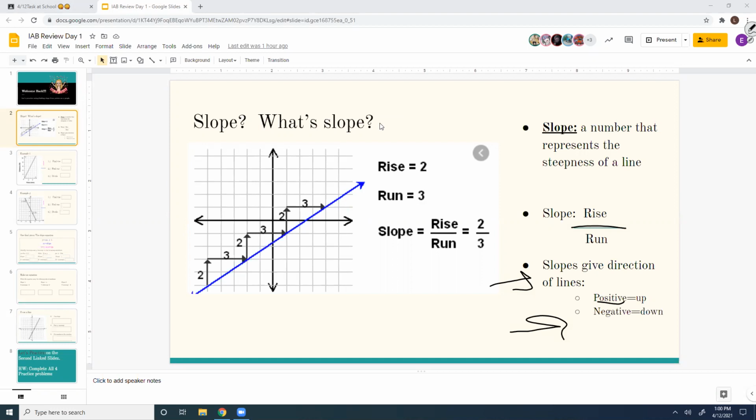So if I'm looking at a graph and I'm reading it left to right, like you would a book, and it's going up, it's positive. If you're reading it left to right and it's going down, then that is called a negative slope. You know that. That's not too bad. We remember that. Just for you.